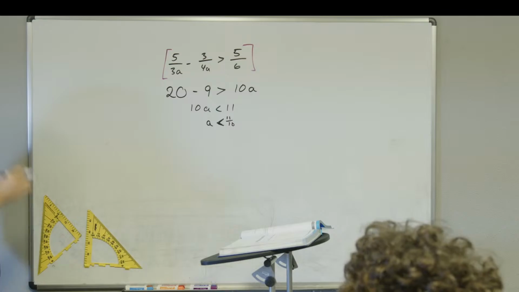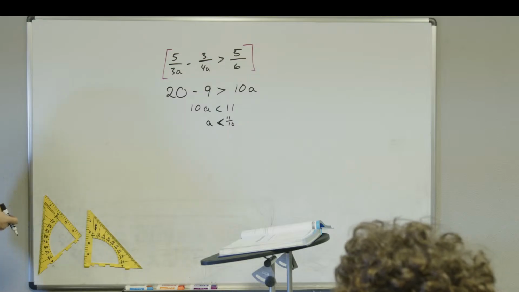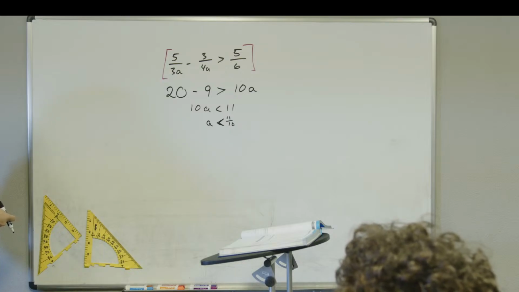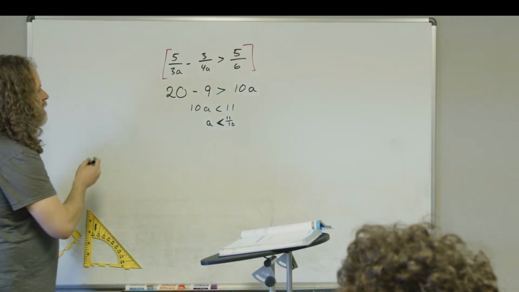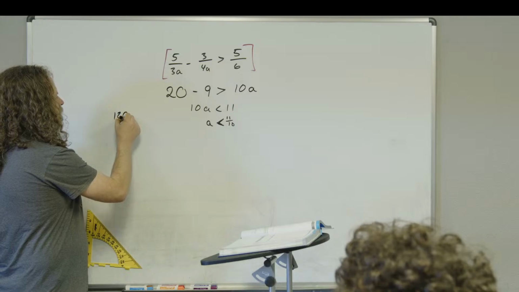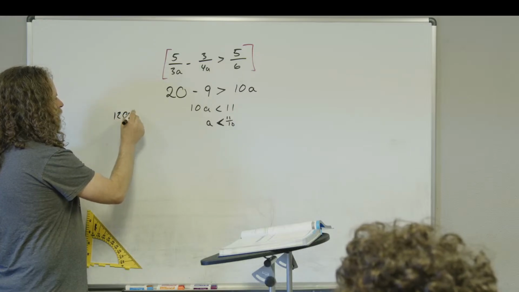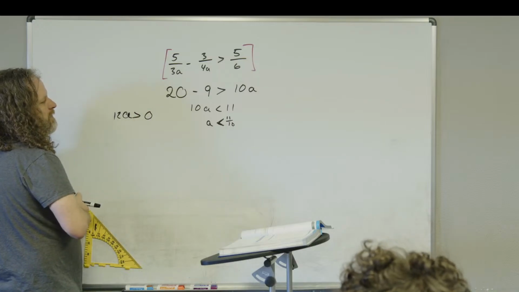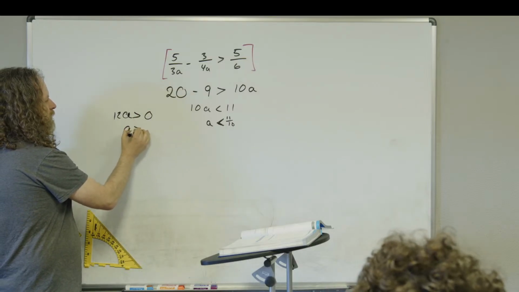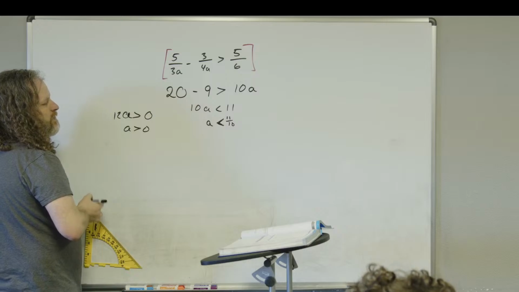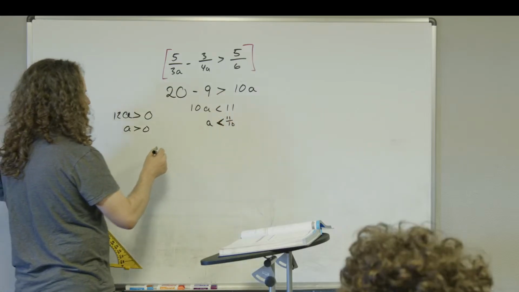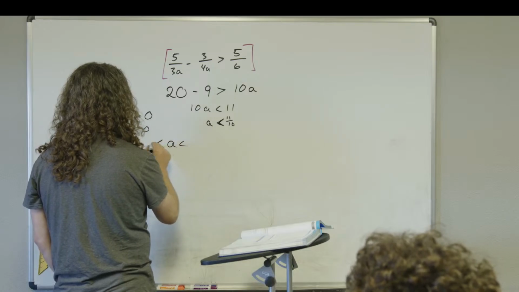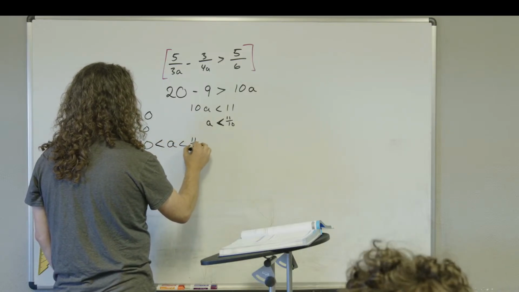But we're not quite done yet, yes? We have to plug it in and check points. Well, 12a has got to be greater than 0, which means a has got to be greater than 0. So we write that as a compound inequality. a is between 0 and 11 tenths.